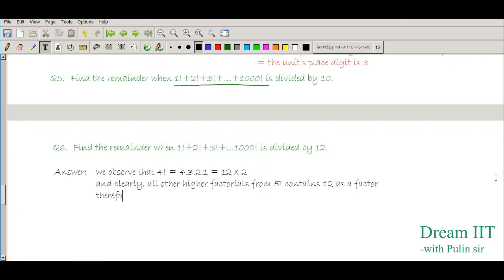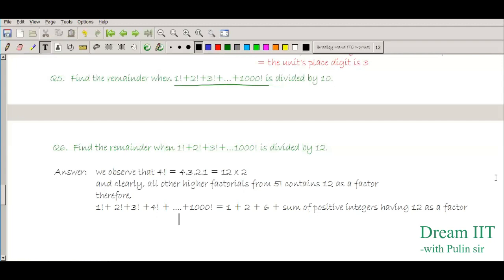Therefore, what we can write, you see, 1 factorial plus 2 factorial plus 3 factorial plus 4 factorial plus dot dot dot plus 1000 factorial is equal to, you break this 1, then break this 2, then this 3 factorial, that gives you 6, and then plus the sum of positive integers having 12 as a factor, or rather you can say positive integers which are multiples of 12, right?